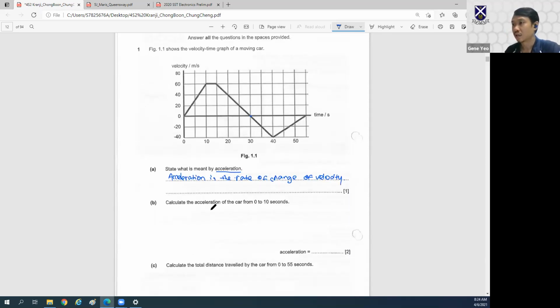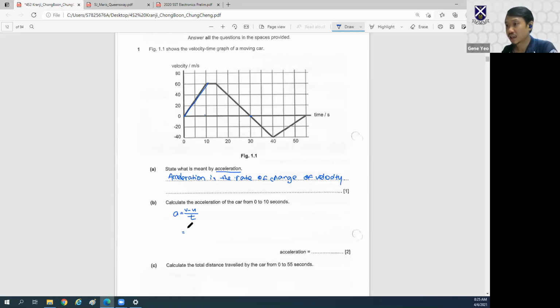Next, calculate the acceleration of the car from 0 to 10. So I'm just going to concentrate on this area over here. Okay, 0 to 10 seconds. So first of all, write down the formula. Acceleration equals V minus U over T. Okay. If you remember, V is the final velocity. So it starts here, it ends here. The final is 60.